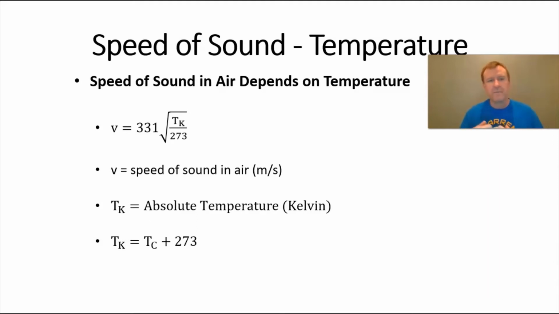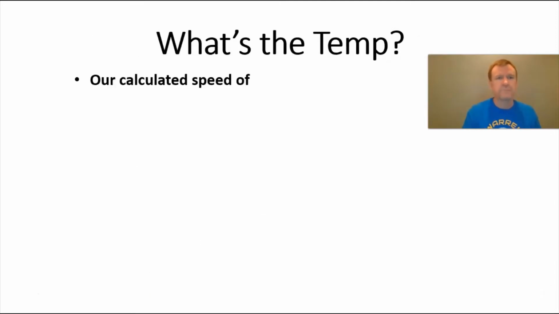So they're just offset by 273 degrees, and 0 degrees Celsius is 273 Kelvin. Then, because we're in America and we use Fahrenheit, we have that equation for the conversion between Celsius and Fahrenheit. We're going to use those equations to calculate the temperature of the air.